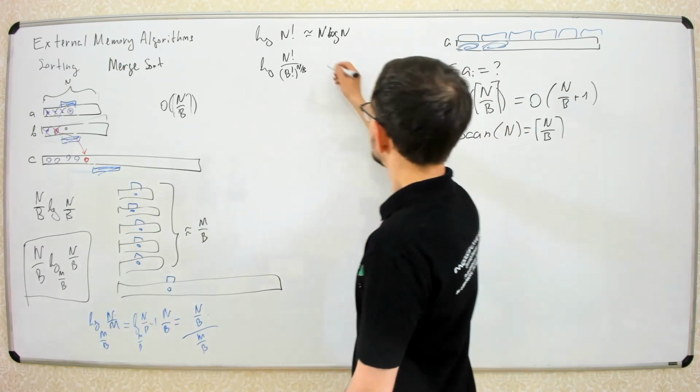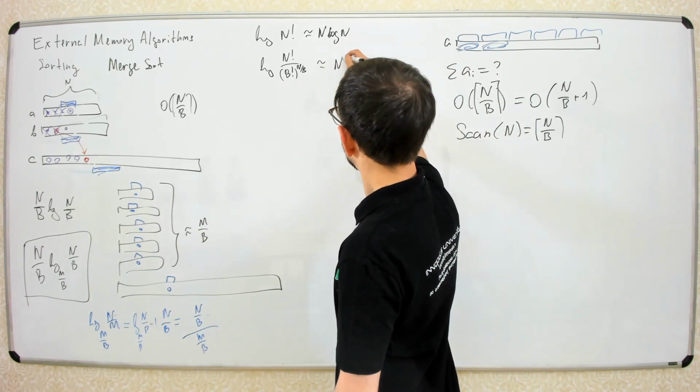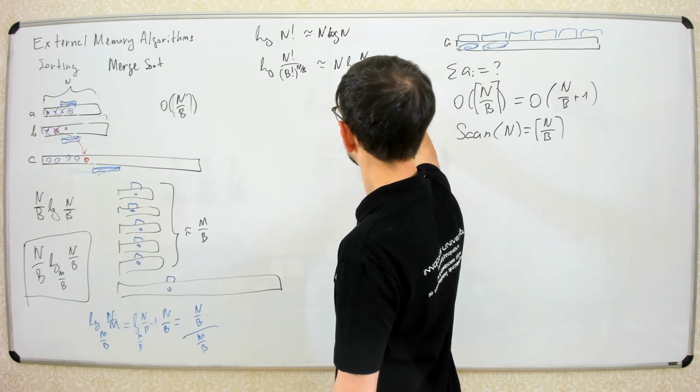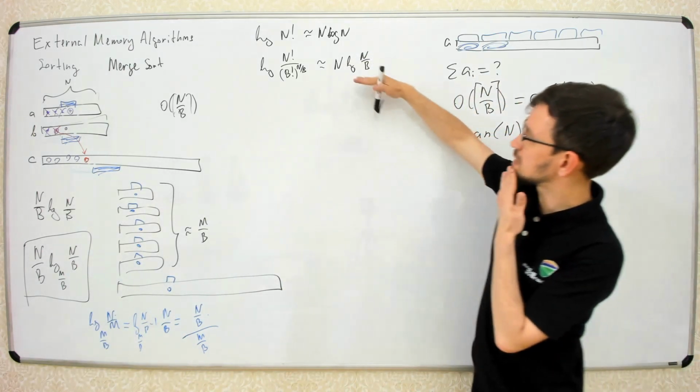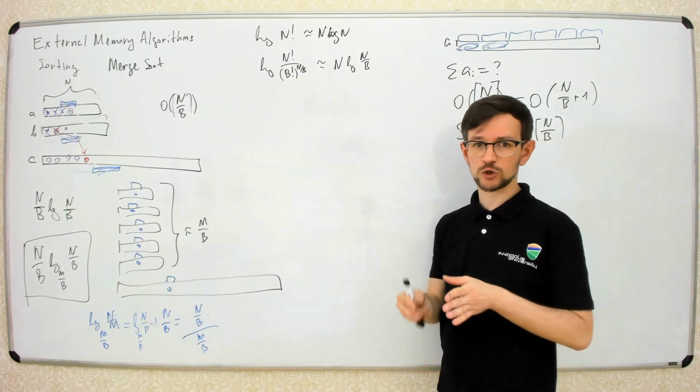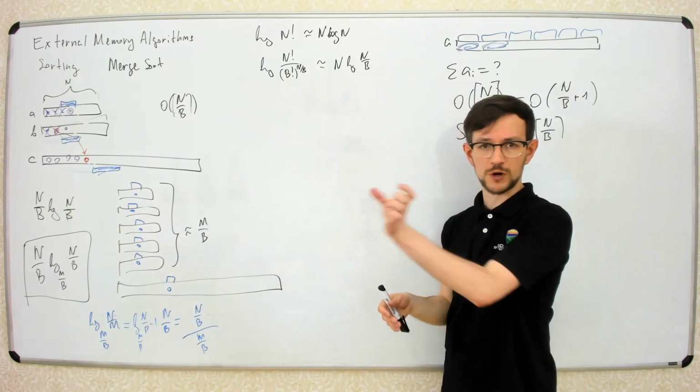Looks fine. So it's about n log n over b.